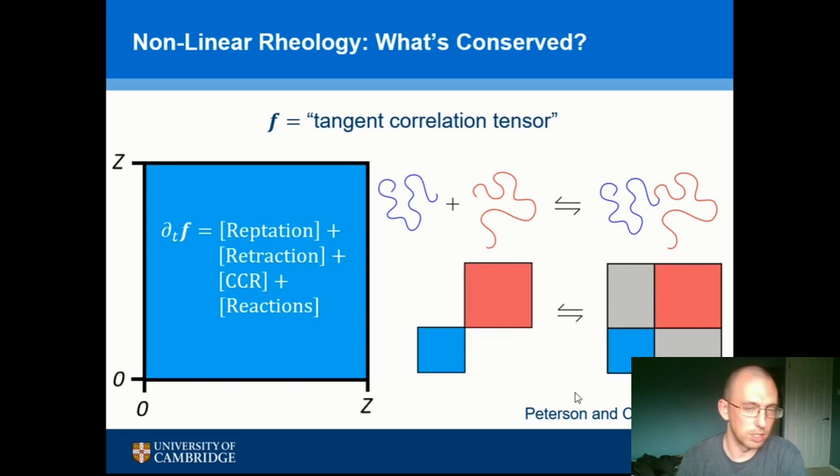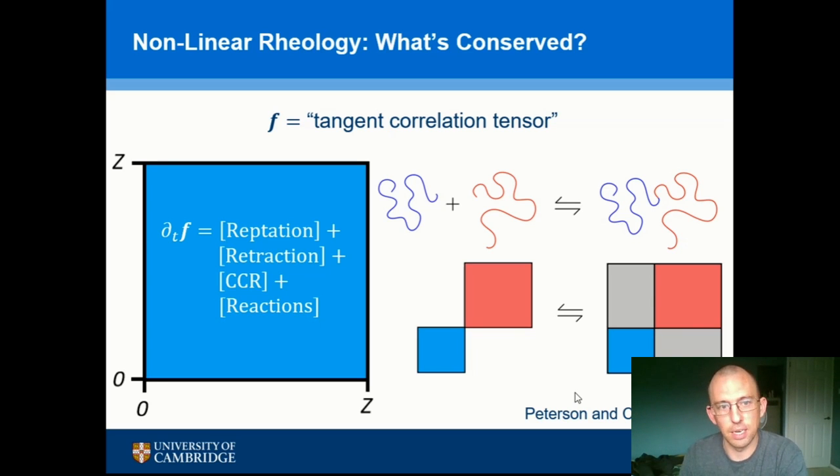And in nonlinear rheology, you need to worry more than about just the tube survival probability, right? You need to worry about what's called a tangent correlation tensor. This sort of tangent correlation tensor approach was first introduced by Milner, McLeish, and Likhtman, and was subsequently improved to the so-called GLaMM model.